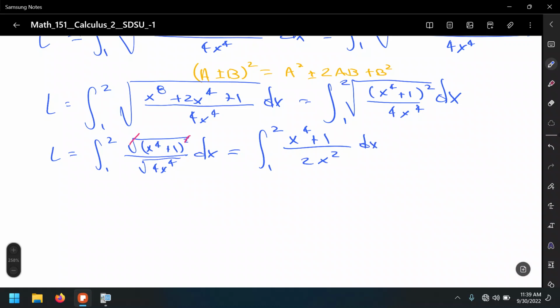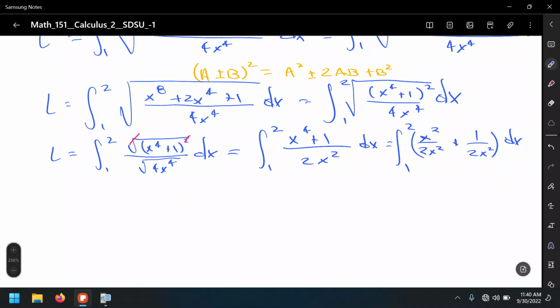And what's this? We can split the integral into two integrals here. Let's do one thing at a time: x to the fourth over 2x squared from 1 to 2, plus 1 over 2x squared dx.